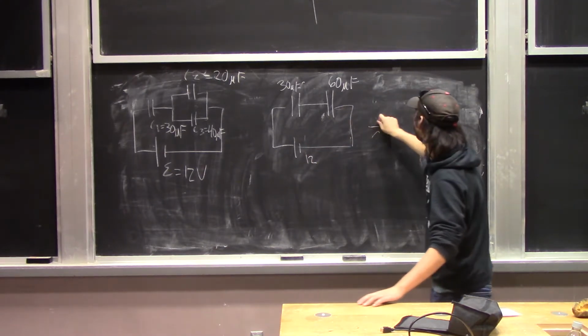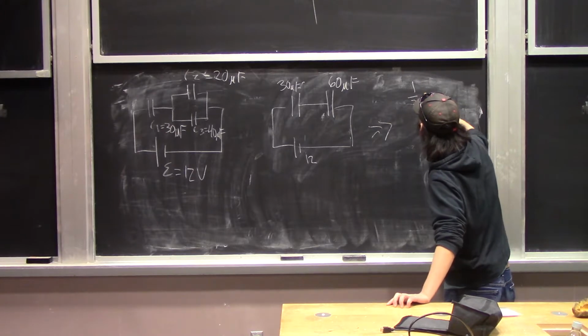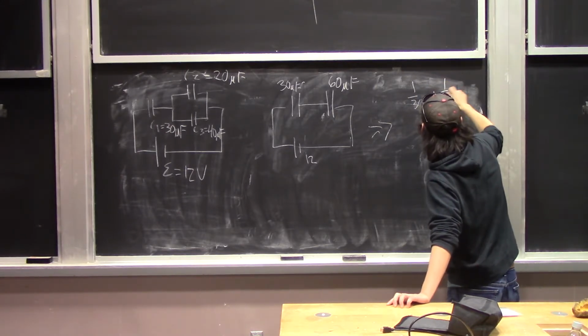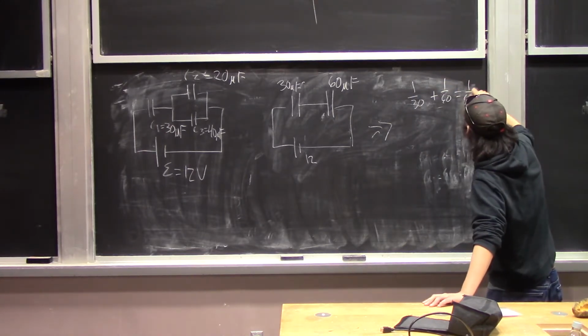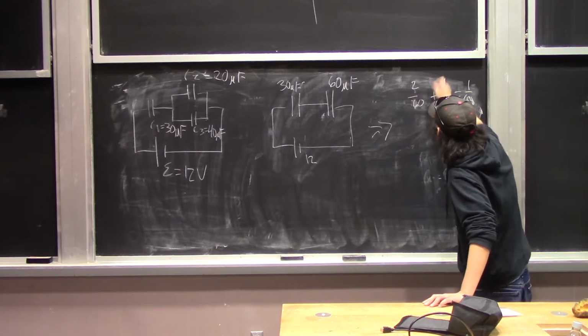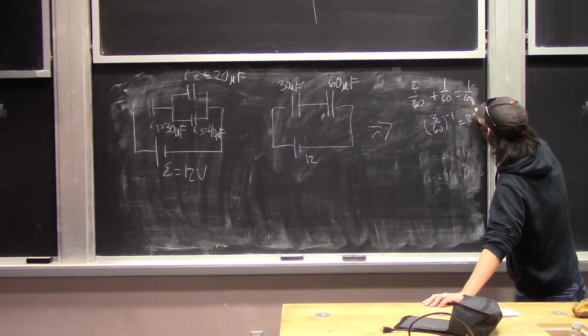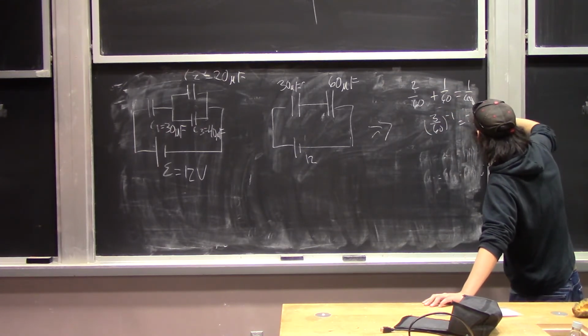And so the next thing that we can do is collapse these two in series. This tells me that 1 over 30 plus 1 over 60 is going to be equal to 1 over CEQ. So this is going to be 2 over 60, so we have 3 over 60 inverted, which is going to be equal to 20 microfarads.